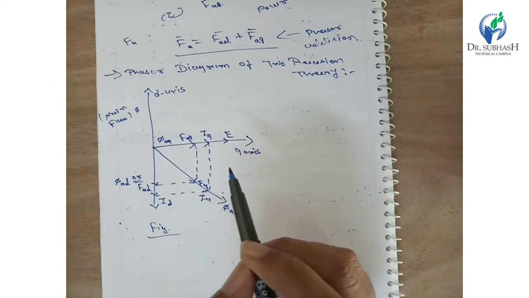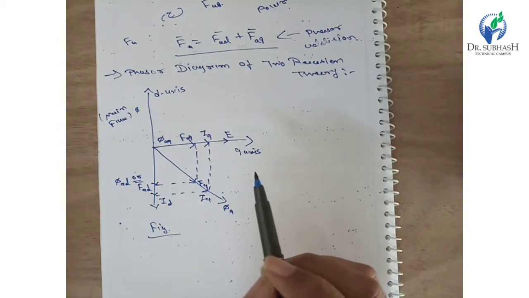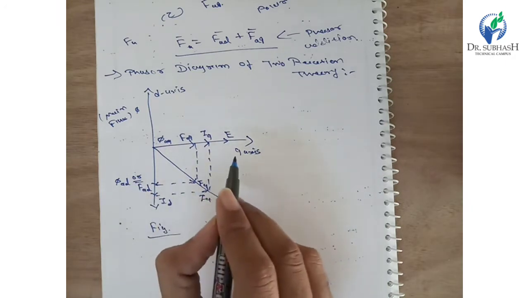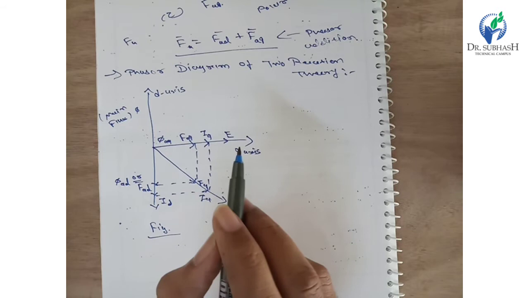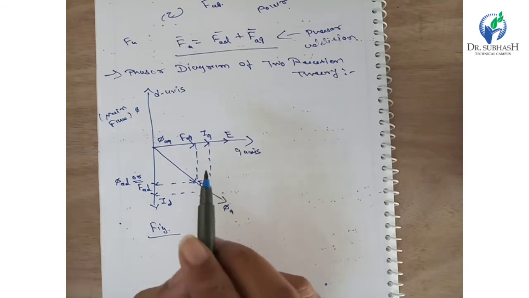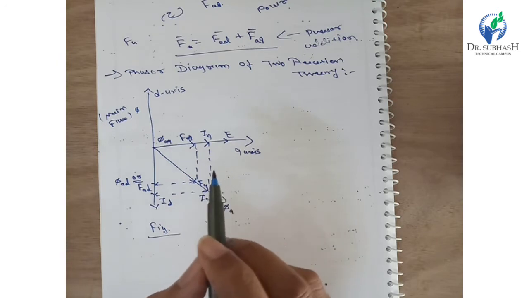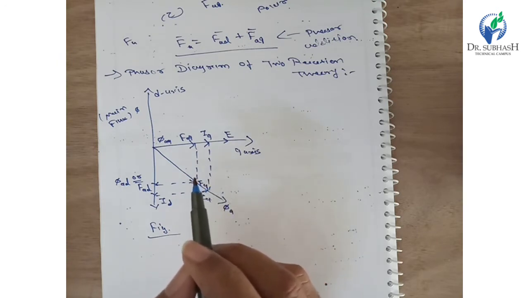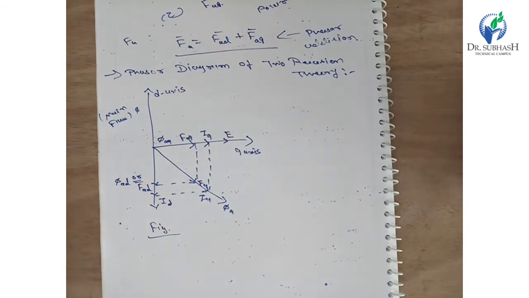The main flux is produced by the DC excitation, or field excitation, and acts along the d axis, the direct axis. The induced EMF lags the flux by 90 degrees, since it is induced by electromagnetic induction.